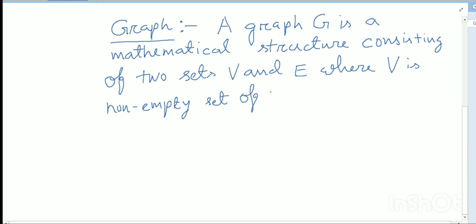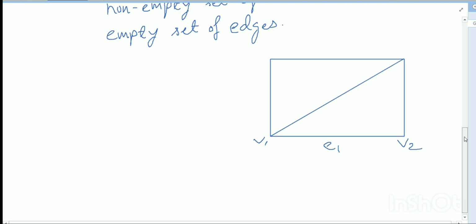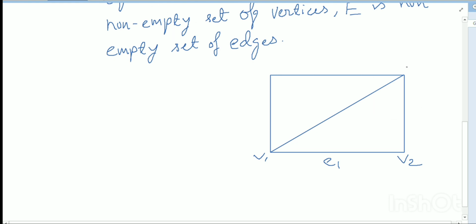Okay friends, this is the mathematical definition of a graph. I will show some examples of graphs now. You will see that there are some vertices in the graph, and corresponding to the vertices we see edges, V and E. So this is an example of a graph.